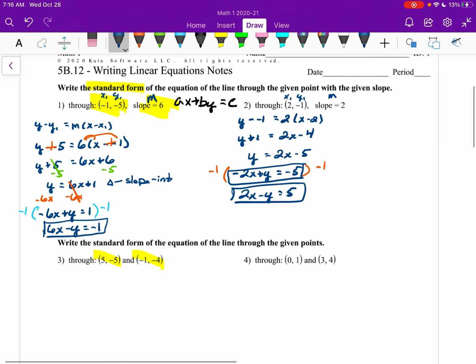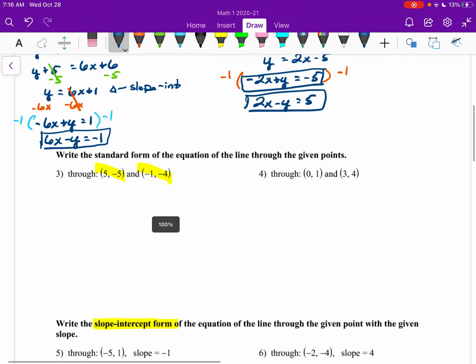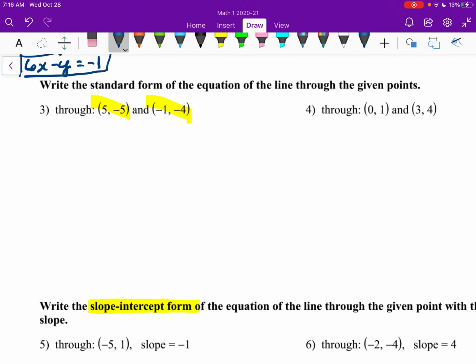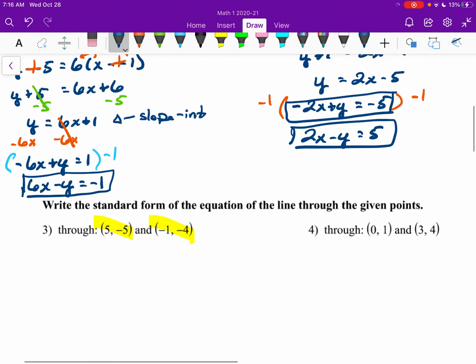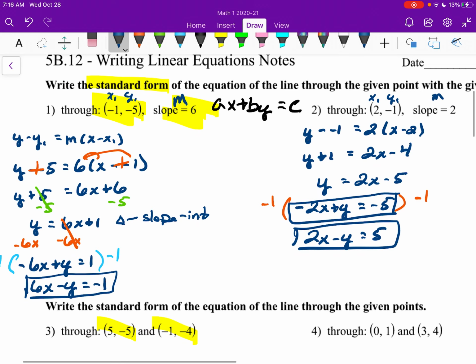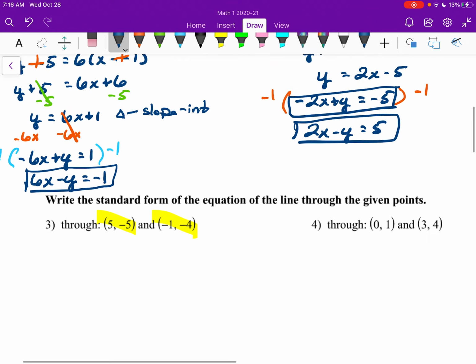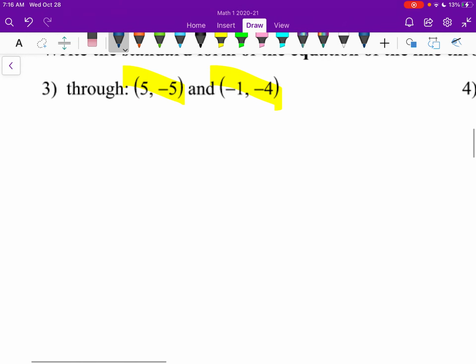All right. Next up, number 3. This says write the standard form of the equation. So the directions are the exact same, standard form. The way that I like to do these problems is I like to start off looking at my 2 points, and I like to find my slope, and then it's like numbers 1 and 2. So let's do that.